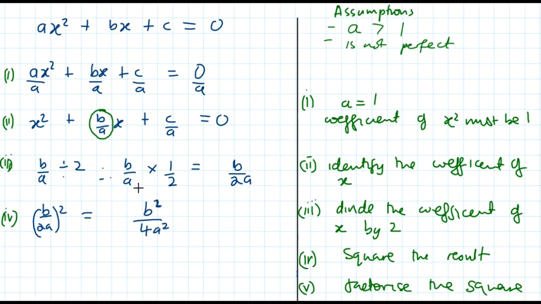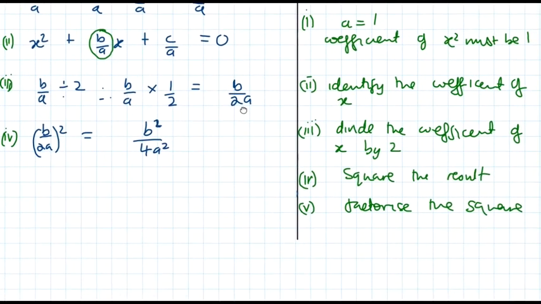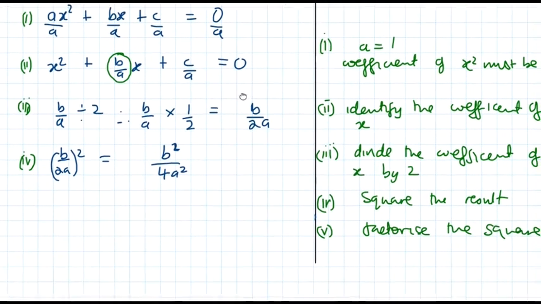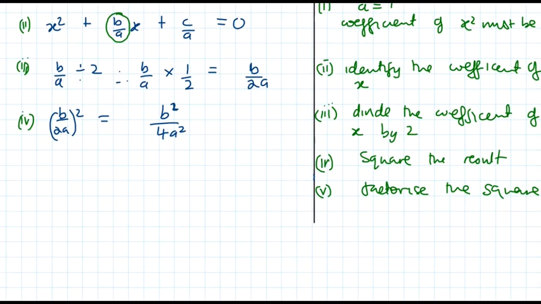I'll explain to you why these steps are important. So now let's move to the fourth step. We need to factorize the square. So before we start factorizing this square, we need to introduce these terms which we have worked out into our equation. And we should also take note that when we are adding new terms to our equation, we have to make sure that our equation remains balanced, which means when we add something, we have to subtract something of the same quantity, so that our equation remains balanced.